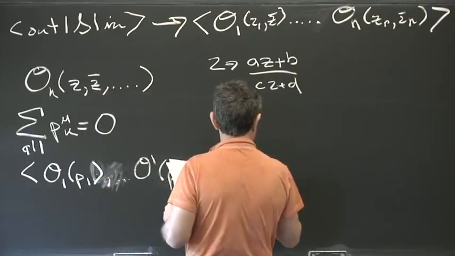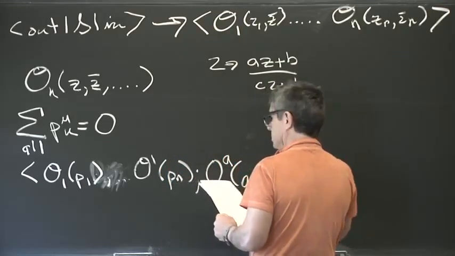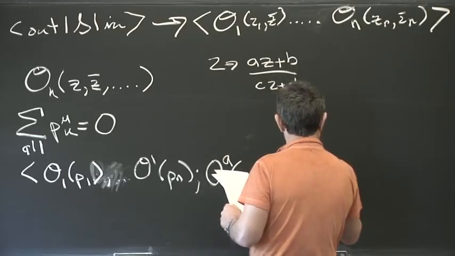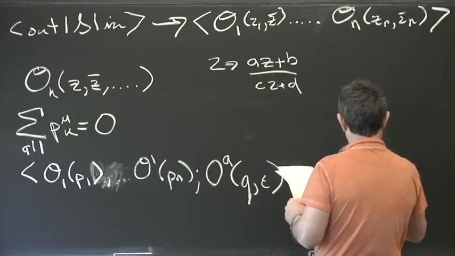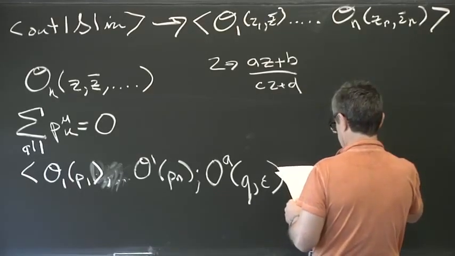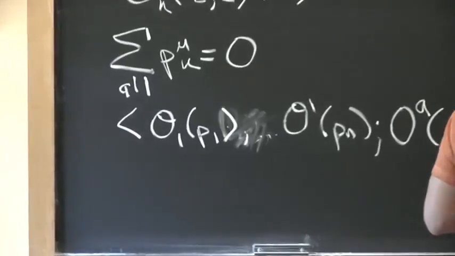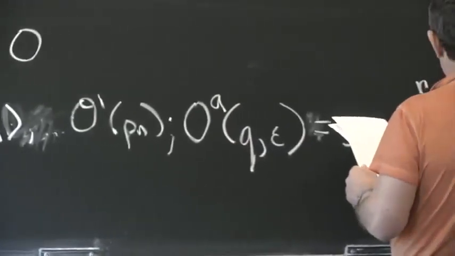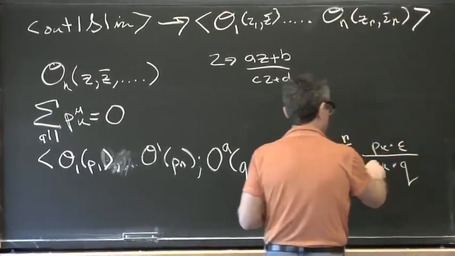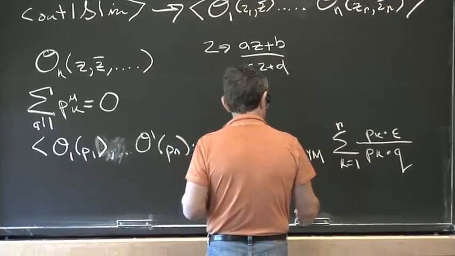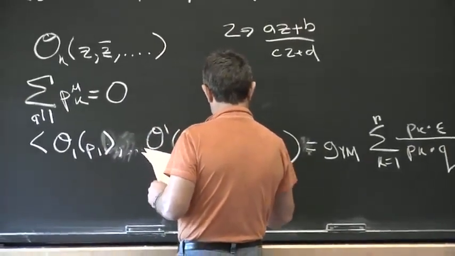This depends on a momentum q and a polarization epsilon, and is equal to the Yang-Mills coupling g times the sum over all particles, k equals 1 to n, of p_k, the momentum of the kth particle, contracted with the polarization of the soft gluon, over p_k dot q, the momentum of the soft gluon dotted in with the momentum of the kth particle, and still inside the sum, O_1, p_1, dot, dot, dot.